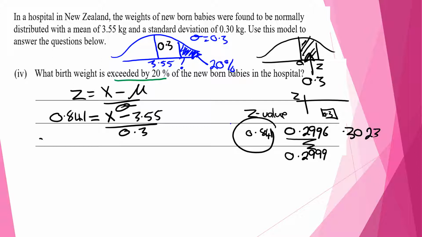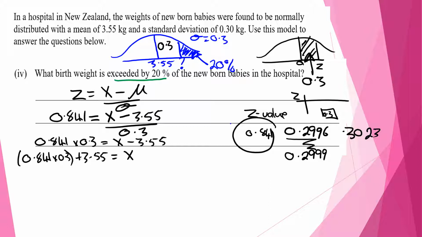At this point, calculate your x value. I'll just actually write this times 0.3, and that will give you x minus 3.55, and the x, then add whatever you get there onto 3.55. So all I've done is, with some basic algebra, rearrange the equation to work out the x value.